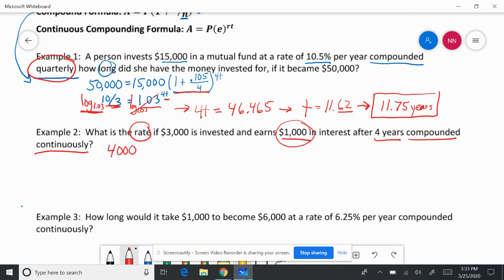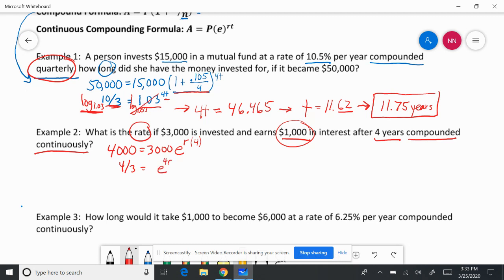So we have 4,000 equals 3,000 times, we're using the continuous formula, e, we're solving for our r, and this is for 4 years. Once again, I'm going to divide by 3,000, and that gives me 4 over 3. I'm going to write down my exact answer.